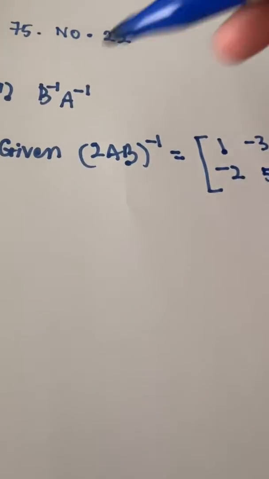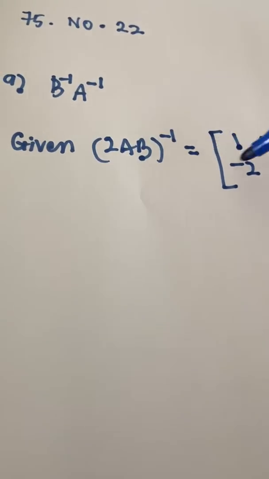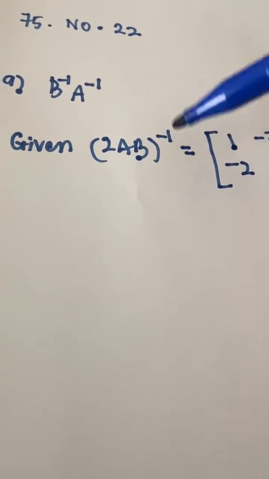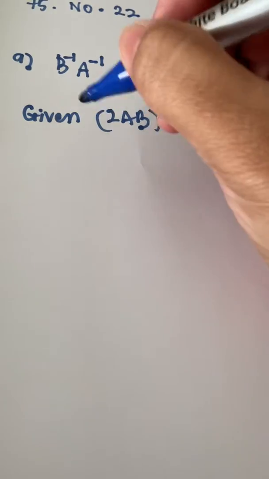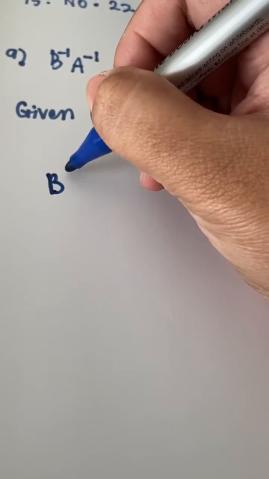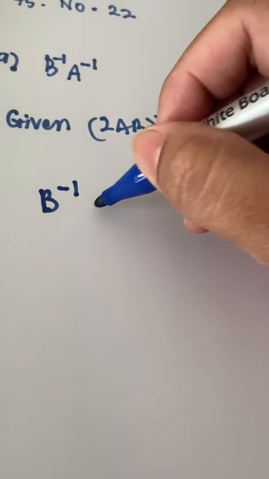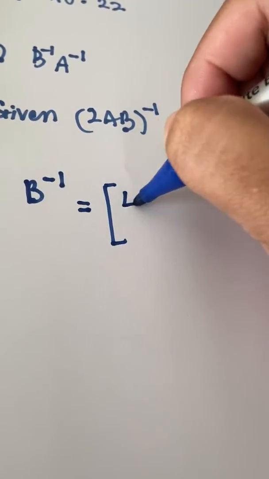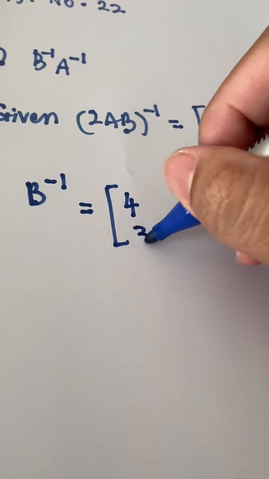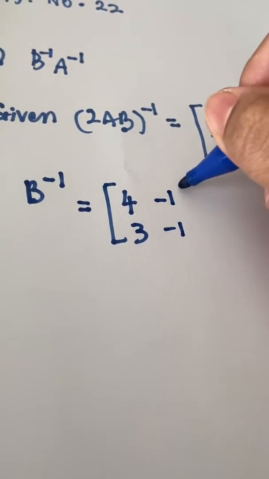Okay, so in the problem, given this matrix for inverse of 2AB and also given matrix for inverse matrix for B, which is 4, 3, -1, -1.